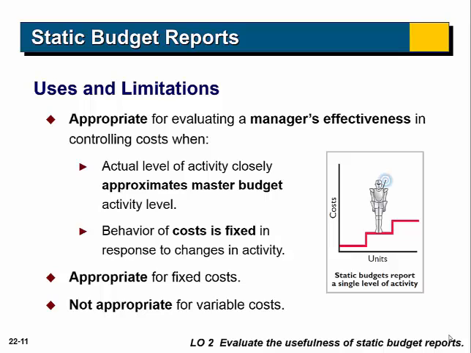So we're going to be looking at our actual level of activity. And if it closely approximates whatever our master budget activity level was, then we can use it. We can compare the cost and what we had planned. We can compare the revenues and what we had planned, especially if our behavior of cost is fixed in response to changes in activity.